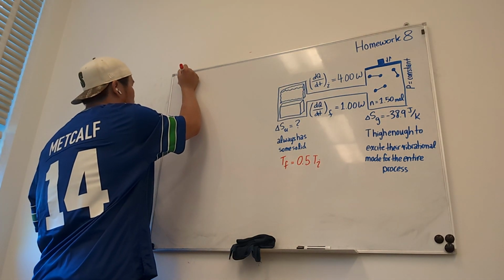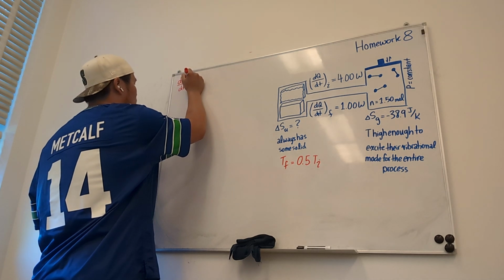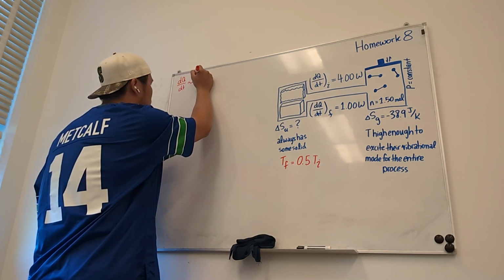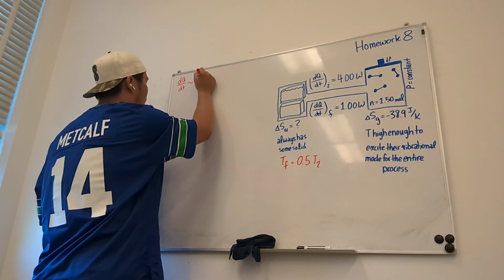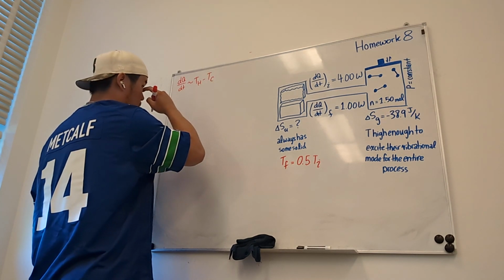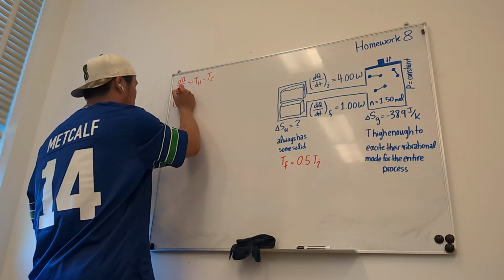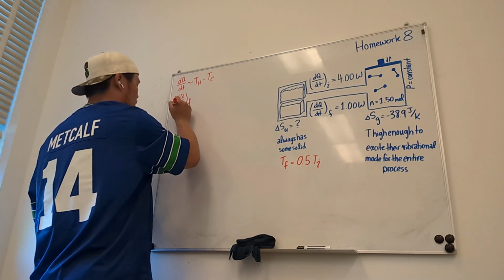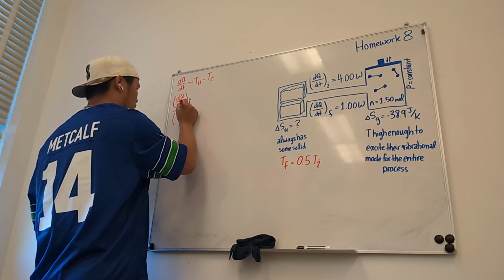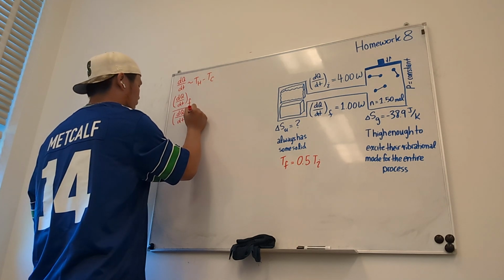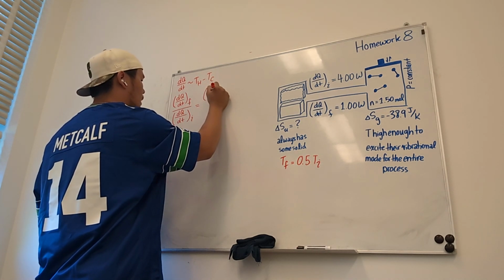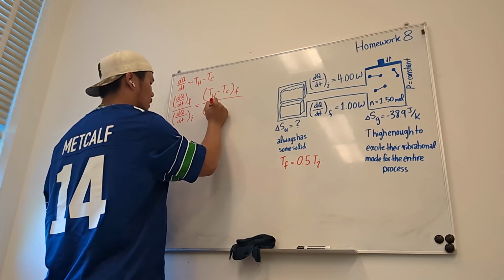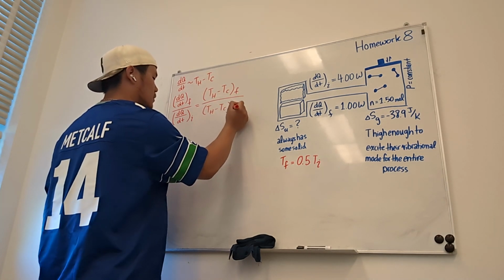We know dQ/dt is equal to temperature hot minus temperature cold. We can make a ratio that the final flow of energy over the initial flow of energy is equal to temperature hot minus temperature cold final over temperature hot minus temperature cold initial.